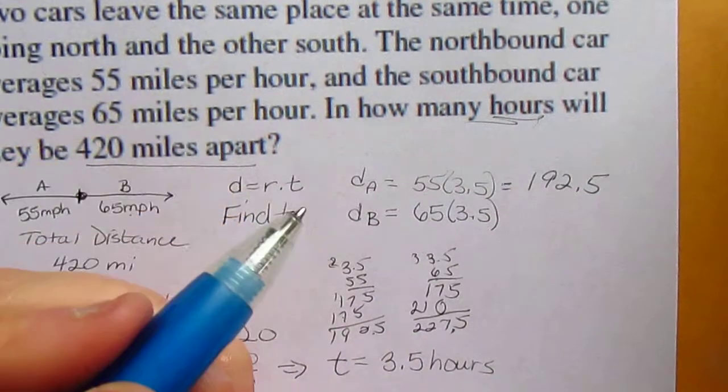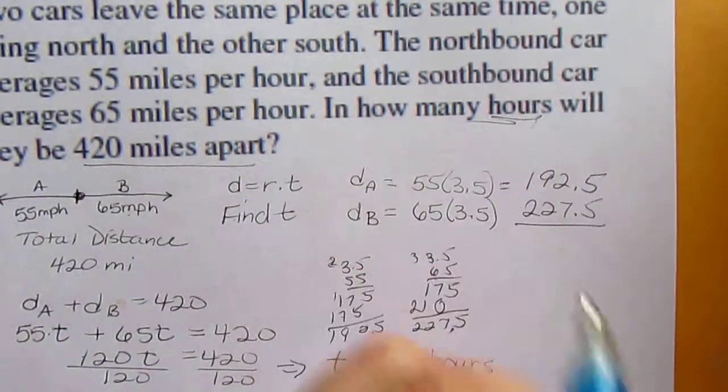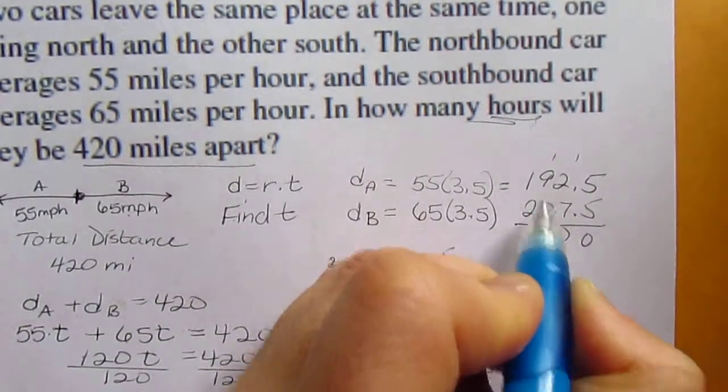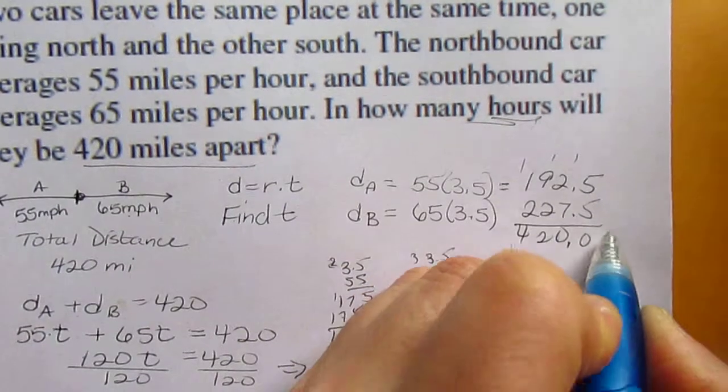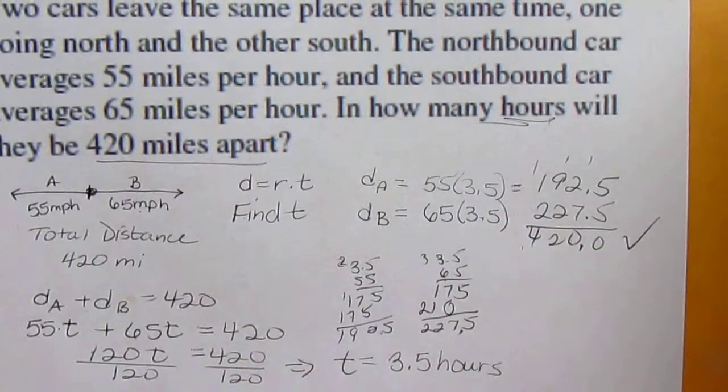And the second car goes 227.5. Add them up. Okay, that's right. 420 miles total.